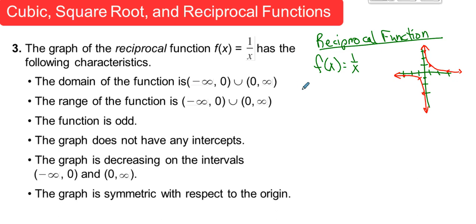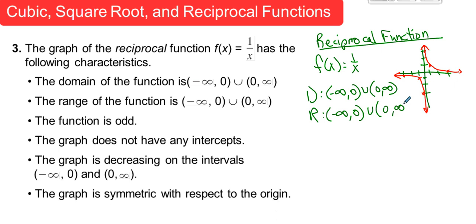So the domain for the reciprocal function is from negative infinity to 0, not including 0, union with 0 to infinity. Exact same thing happens for the range, negative infinity to 0, union with 0 to infinity.